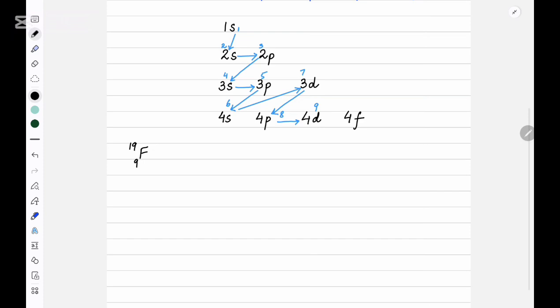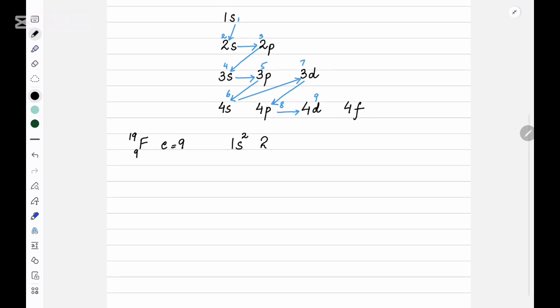If we want to represent the electronic configuration of fluorine, how are we going to do that? Fluorine has 9 electrons, and first the electrons fill the 1s subshell, which can hold a maximum of 2 electrons because it has only one orbital.